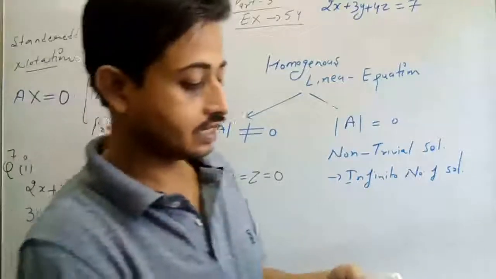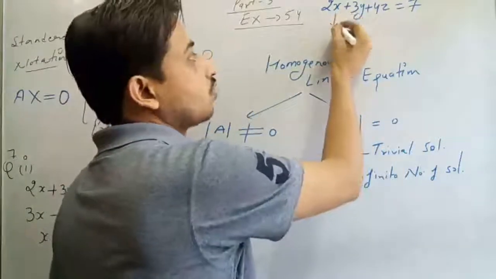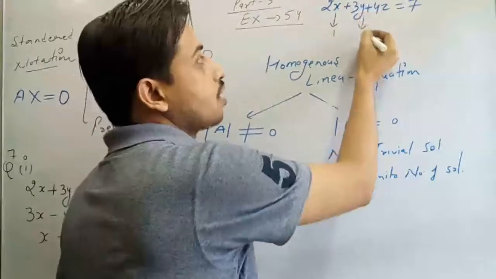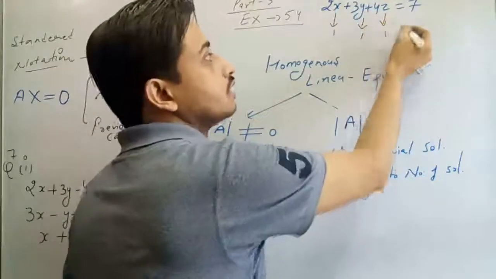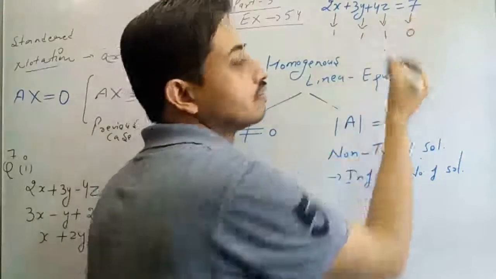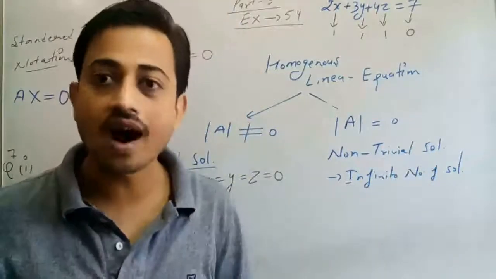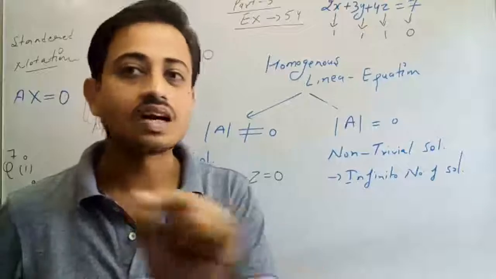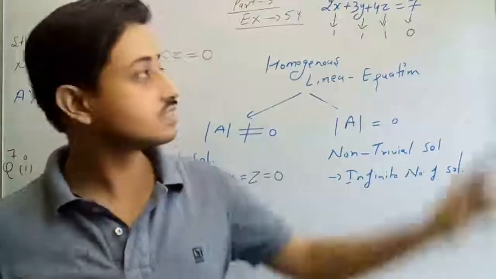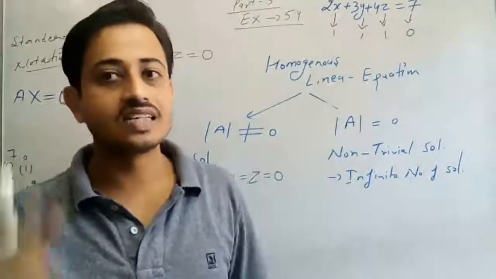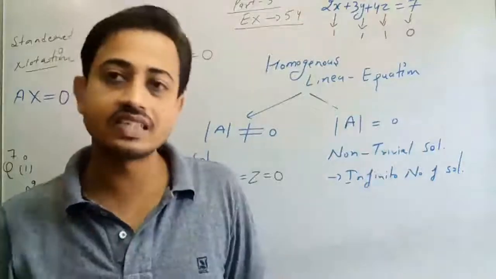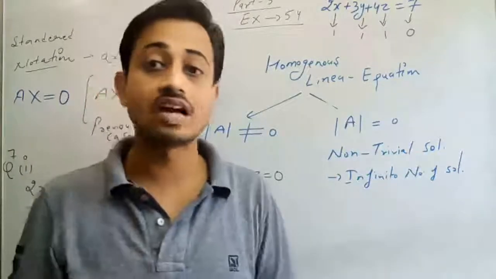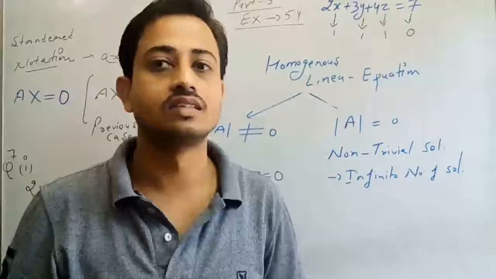In this, the degree of x is 1, degree of y is 1, degree of z is 1. The degree of the constant term is 0. So in this, each term does not have the same degree, because the constant number has degree 0 but the variable terms have degree 1. So all terms do not have the same degree.